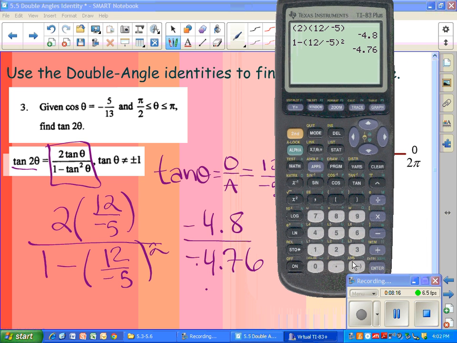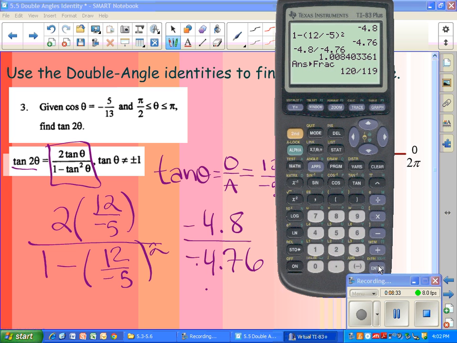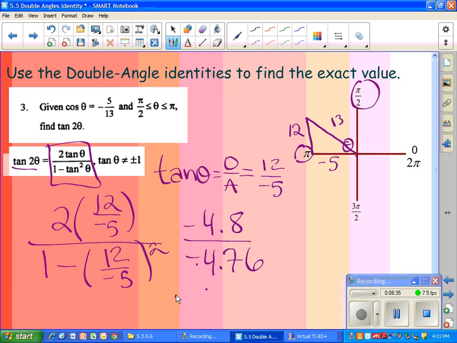So we have -4.8 divided by -4.76. Okay, that's a really messy decimal, and we want to leave our answers as fractions. So math, enter, enter, and our final answer is 120 over 119.